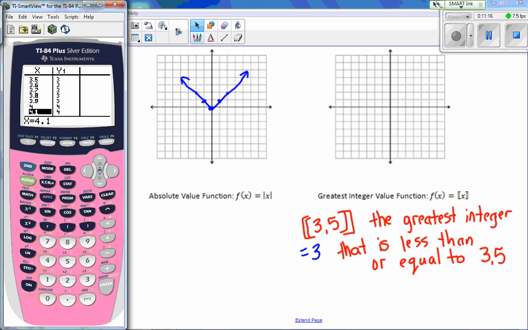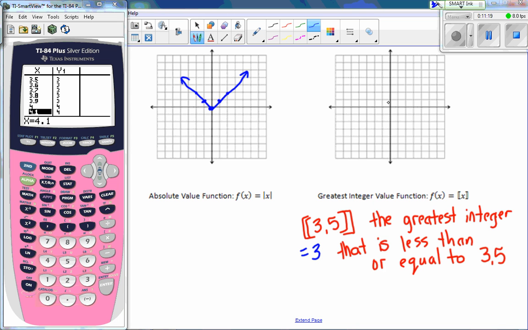So when you look at the graph, if I typed in a 0, it would stay at 0 until it got to the 1. And then it would jump up to the 1, and then jump up to the 2, and then jump up to the 3. And now the open circles, they're going to be hard for me to draw on here, are going to be on this end, because I had that backwards.